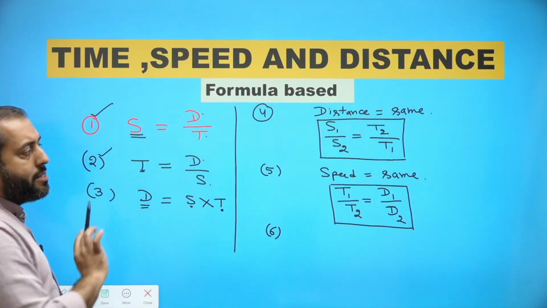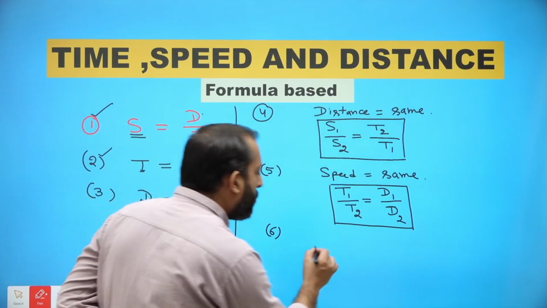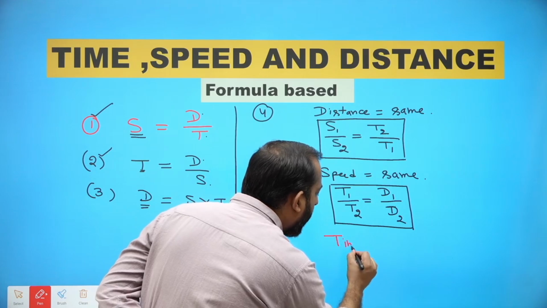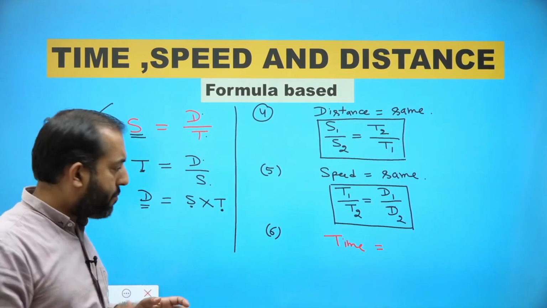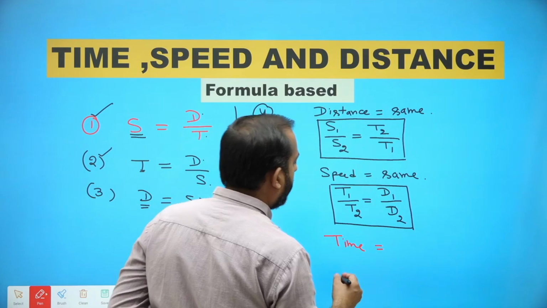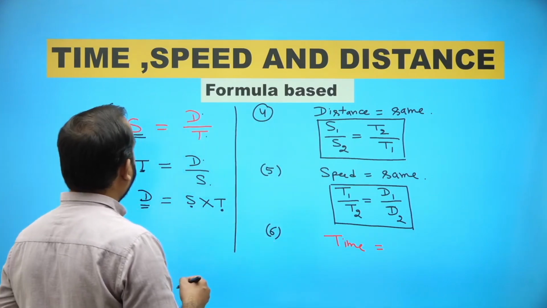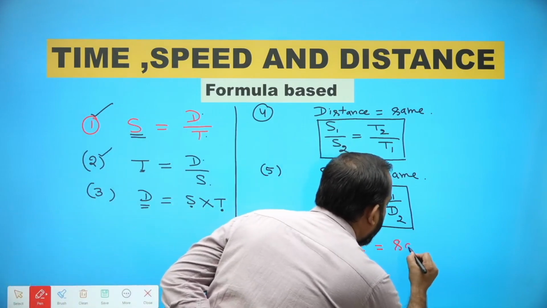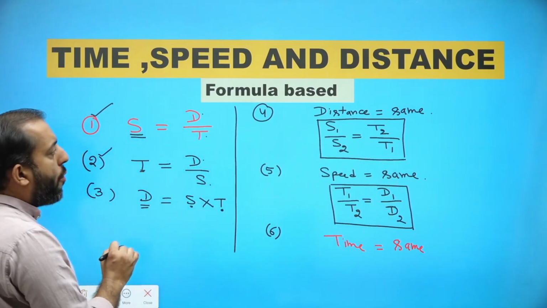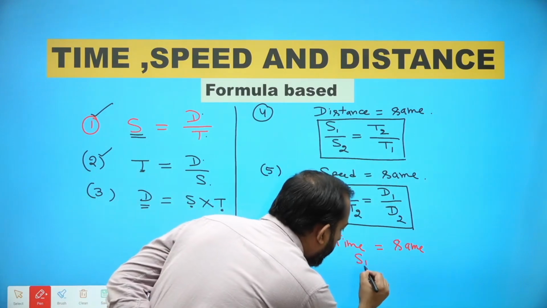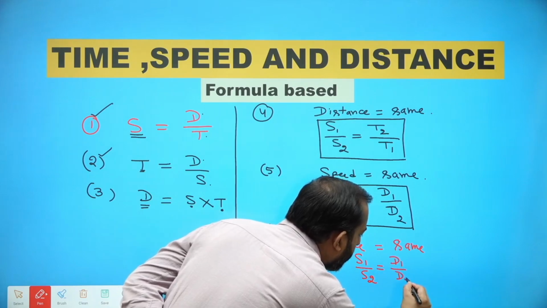Now point number 6. Distance same we have discussed, speed same we have discussed. Now one more important point is when the time taken by a vehicle in two different scenarios is the same or constant. In this case, the ratio of speed will be equal to the ratio of the distances covered.